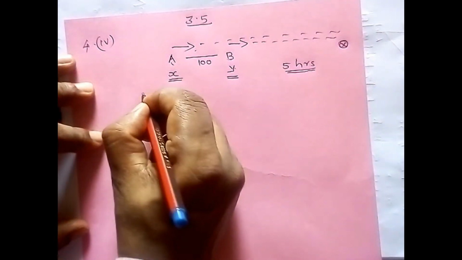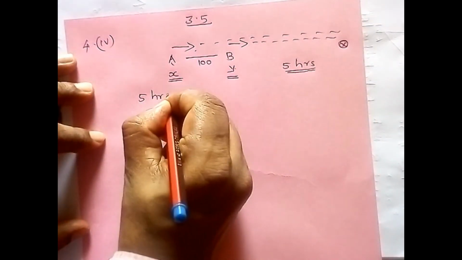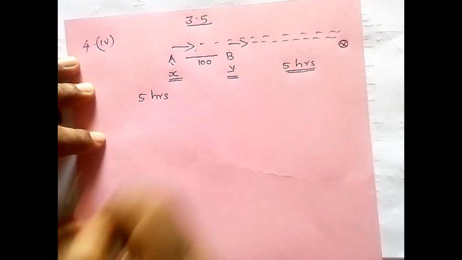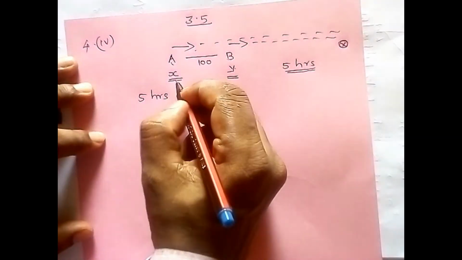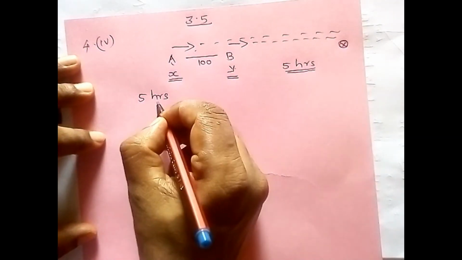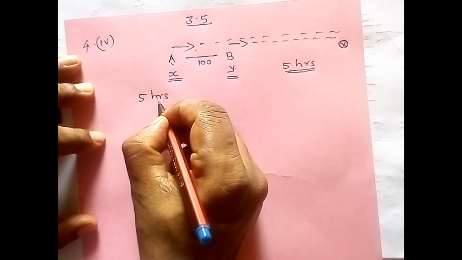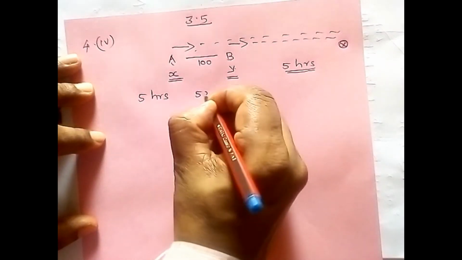So tell me, within 5 hours how much distance will A cover? If its speed is x, in 5 hours it will cover 5x distance. Suppose its speed is 50 km, then in 5 hours it will cover 5 into 50, 250 kilometers.